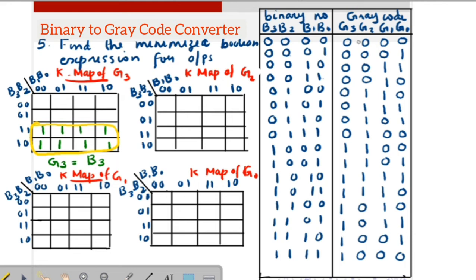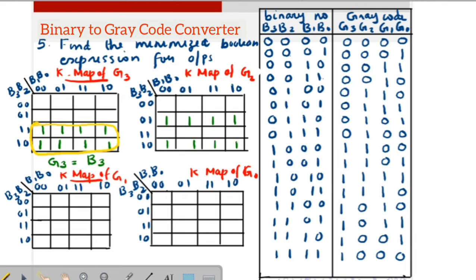Next we can find the Boolean expression for G2. So we mark the K-map of G2. G2 is equal to 1 in the cases of 0 1 0 0, 0 1 0 1, 0 1 1 0, 0 1 1 1, 1 0 0 0, 1 0 0 1, 1 0 1 0, 1 0 1 1.